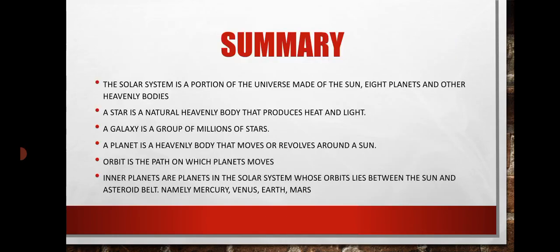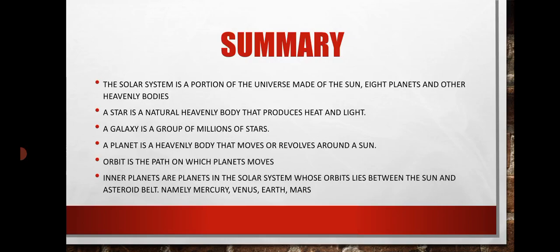Now, you and I, what have we learned today on the solar system? One, we've got to know that the solar system is the portion of the universe made up of the sun, 8 planets, and other heavenly bodies. We also got to know that a star is a natural heavenly body that produces heat and light. A galaxy is a group of millions of stars.